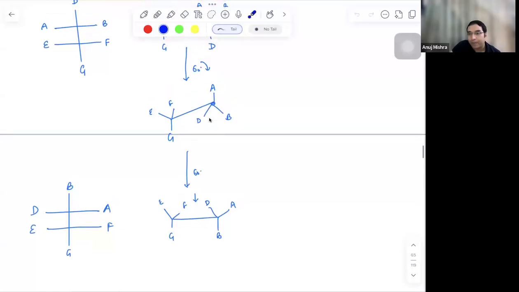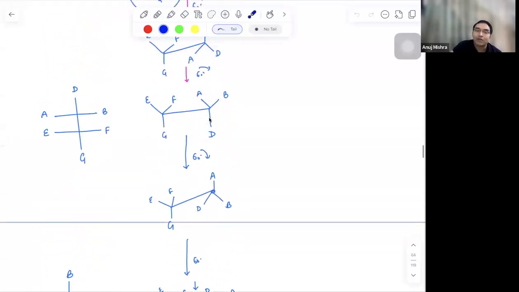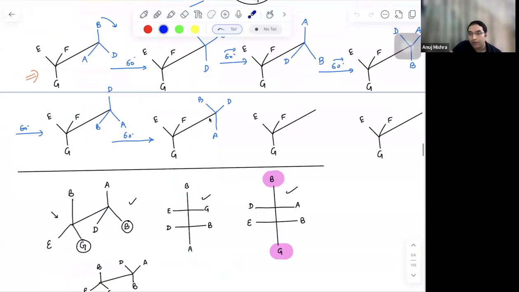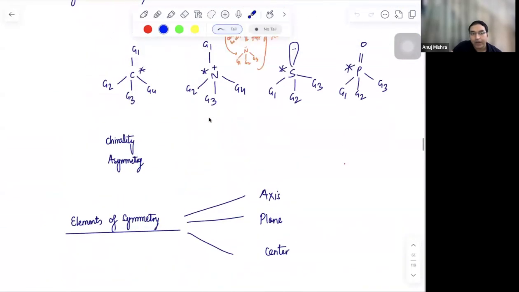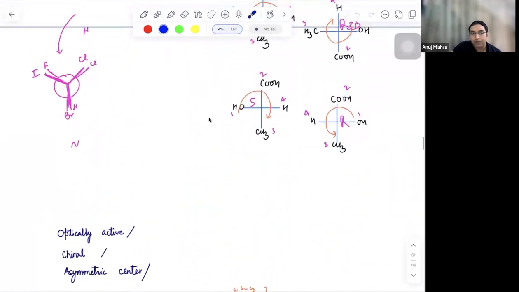Are you okay with these things, which you discussed in the last class? We have to practice a lot of things, right? That's what we said. We'll practice and understand all these conversions, interconversions. Elements of symmetry were discussed.